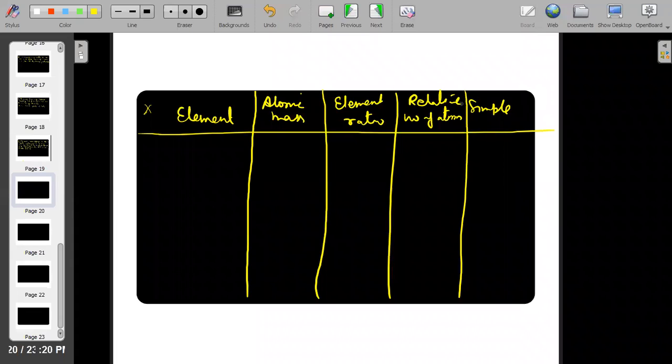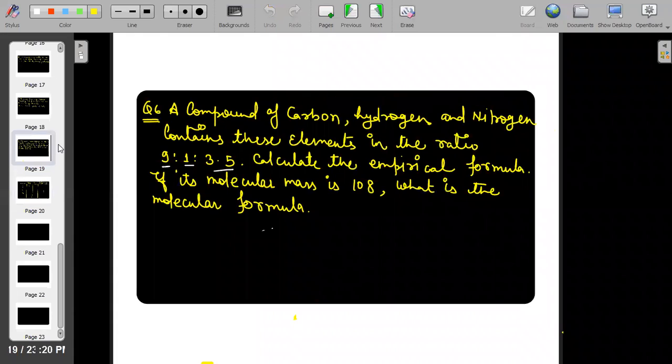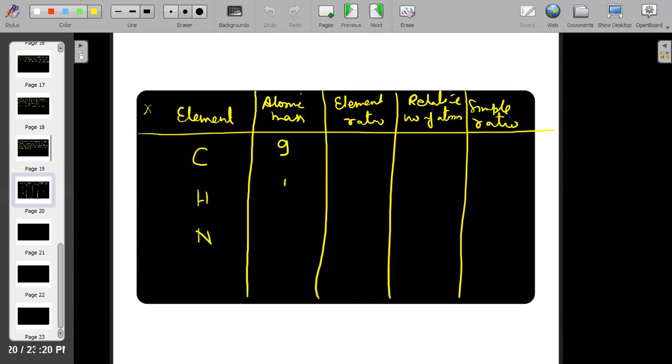Is it clear to you? Now we can easily solve. Look, the elements are carbon, hydrogen and nitrogen. Carbon is 9, hydrogen is 1 and nitrogen is 3.5. The element ratio will come here: 9, then 1, and 3.5. Is it clear? What is the atomic mass?